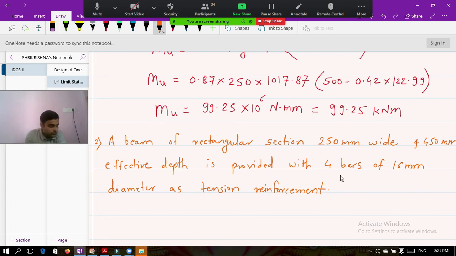Full stop. Find the depth of neutral axis.